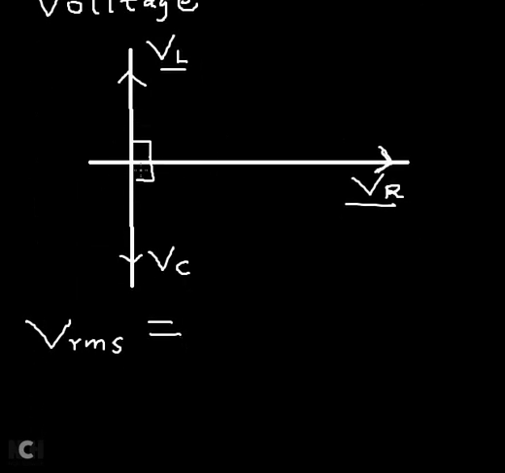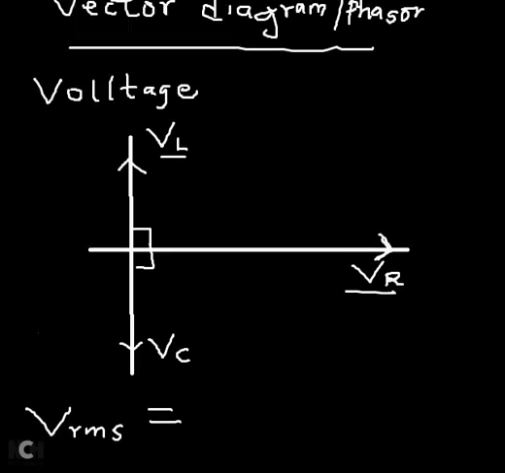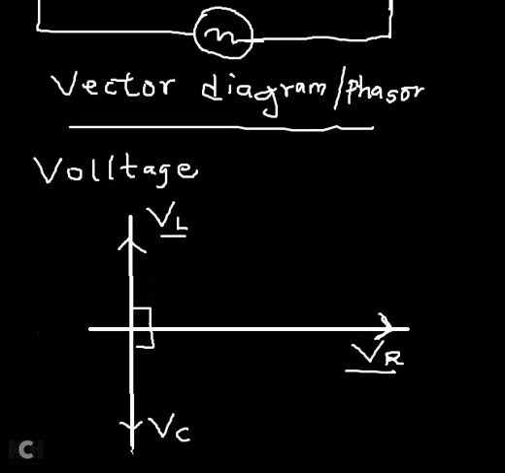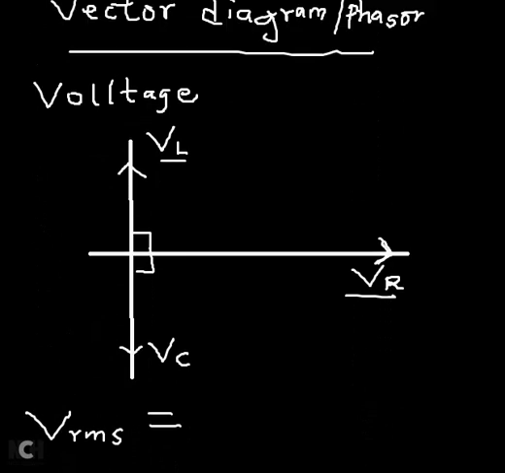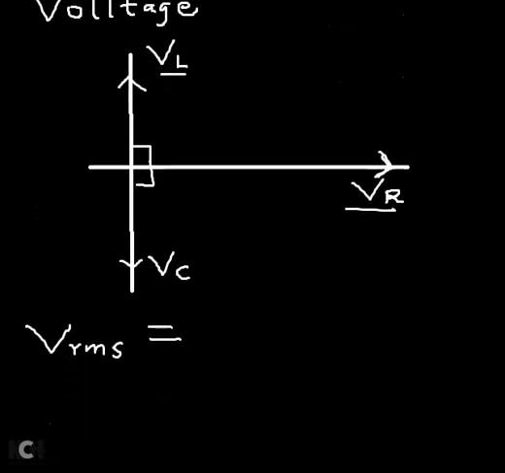Of course, you know what vectors are and how we sum vectors. In this regard, the vectors are horizontal and vertical, which of course is perpendicular. So the total voltage, the VRMS of the circuit, or the effective voltage, remember, VRMS of a circuit is the effective voltage of the circuit, is going to be evaluated by, of course, Pythagoras theorem.